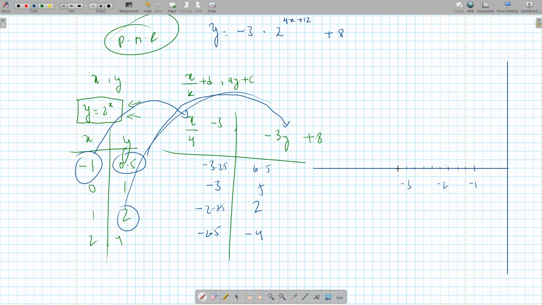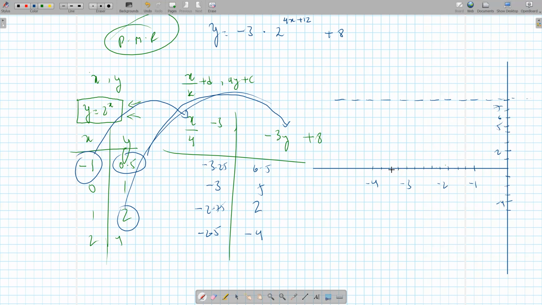That's -3. 1, 2, 3, 4. -4. And then we go up and down. So 1, 2, 3, 4, 5, 6, 7, and then we go down to -4. We know where our wall is. 8. You see that dotted line is y equals 8. When you have y equals something, it's going to be a horizontal line. If you have x equals something, it's going to be a vertical line.